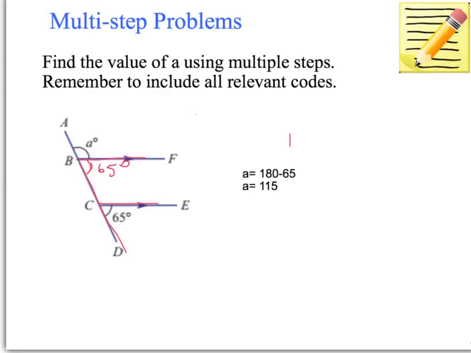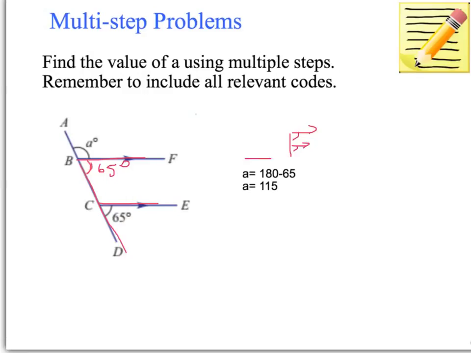So we're going to draw the F shape in our working out. And we know that this is supplementary here, so it has to add up to 180.